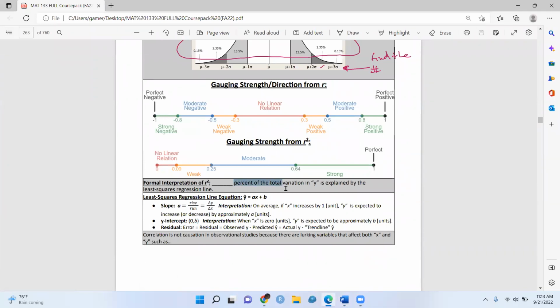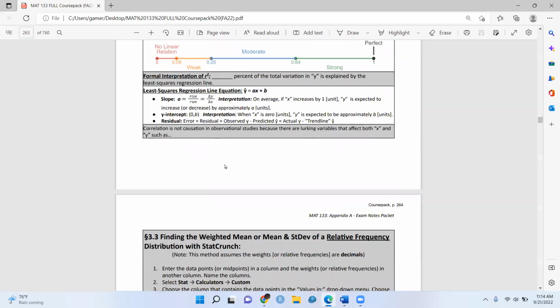Here's how you interpret the coefficient of determination that you don't know about yet, but that's 4.3. Here's the least squares regression line equation, or the linear model. There it is, y hat equals ax plus b, and the slope and all this. And then here's this big correlation is not causation in observational studies, because of those lurking variables that affect both the explanatory and response variables. So, okay, let's not waste any more time on me talking about this, since it's all right there.